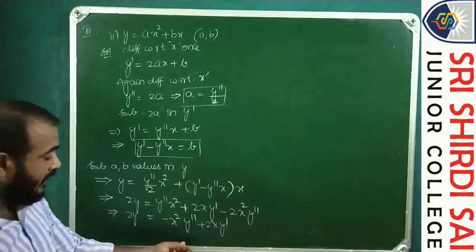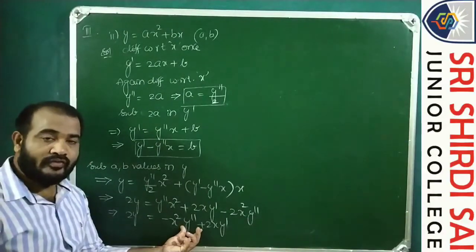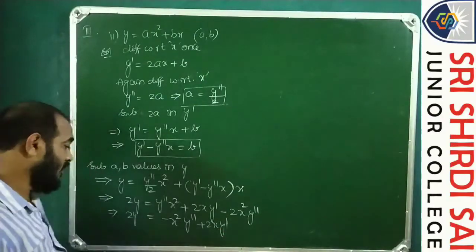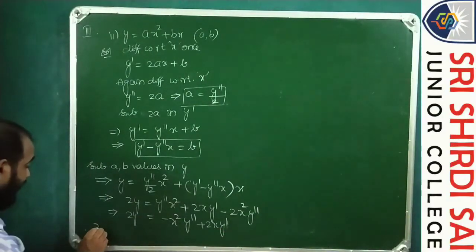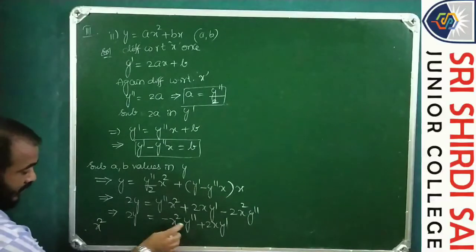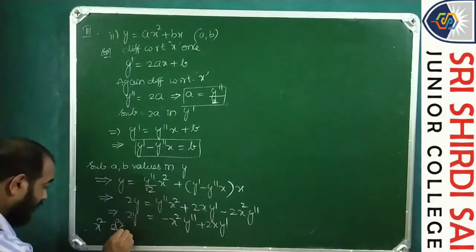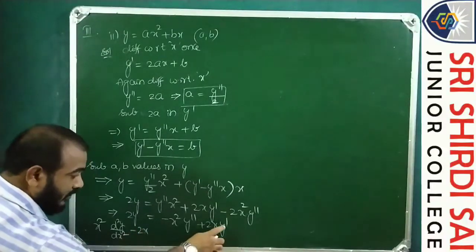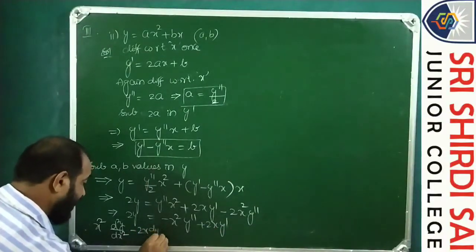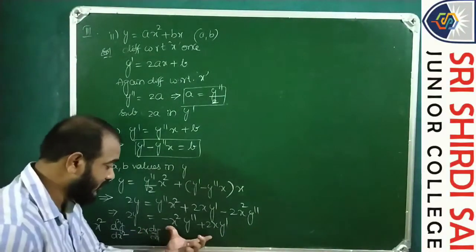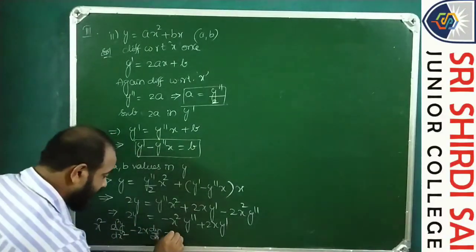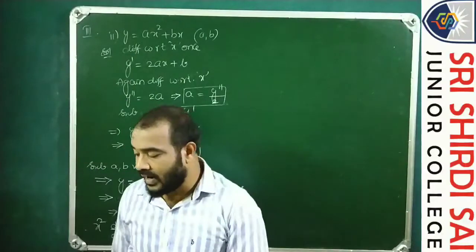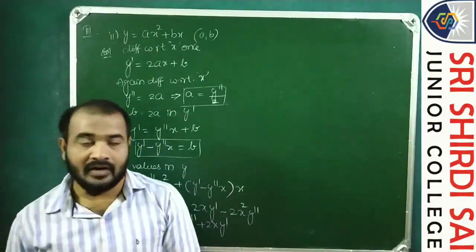If we replace y double dash by d square y by dx square and y dash by dy by dx, then we get x square d square y by dx square minus 2x dy by dx, all these terms I am transposing onto this side, plus 2y is equal to 0, which is the required differential equation.